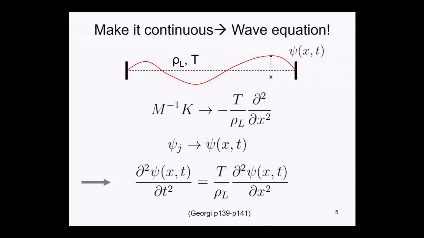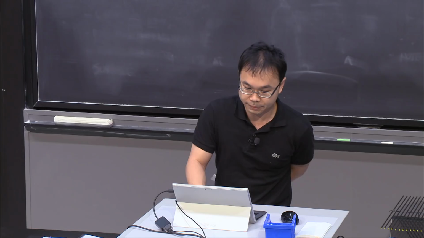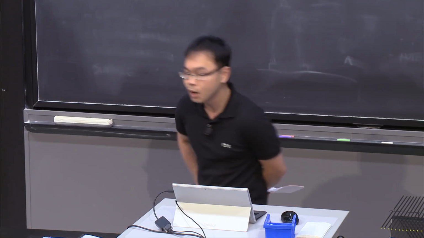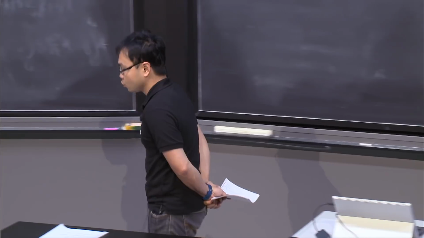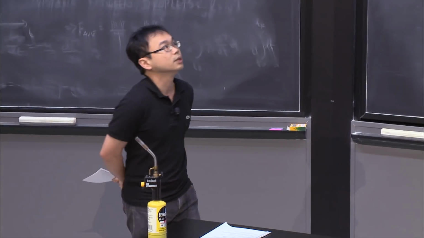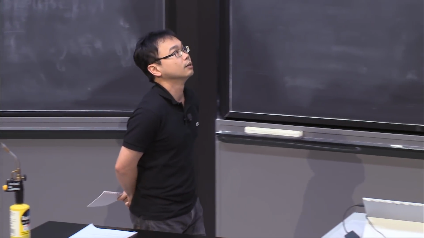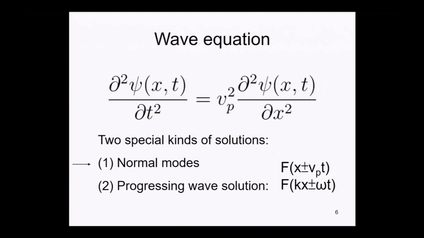And for more information, you can also take a look at the textbook on the relevant page. So what are we going to do today? Today, we are going to understand the wave equation, its structure, and what it means, and also what the normal modes coming out of this wave equation are. And in later lectures, we will also discuss another special kind of motion, which is progressing wave solutions.